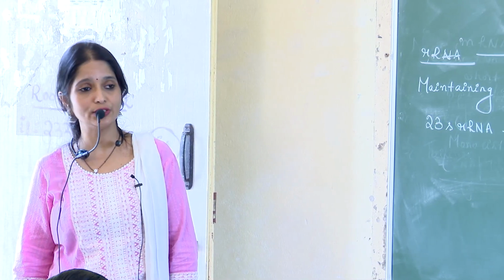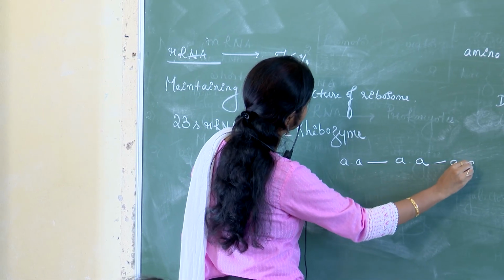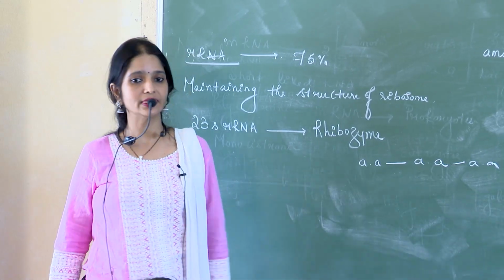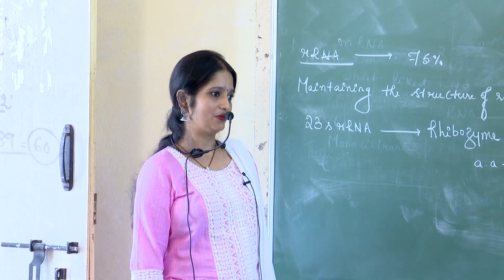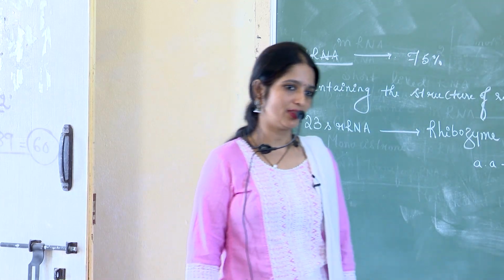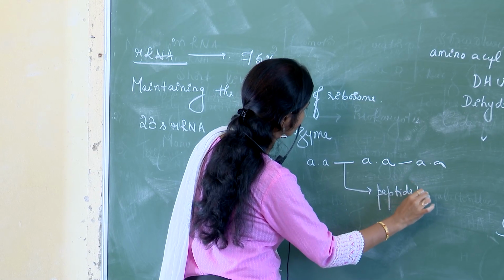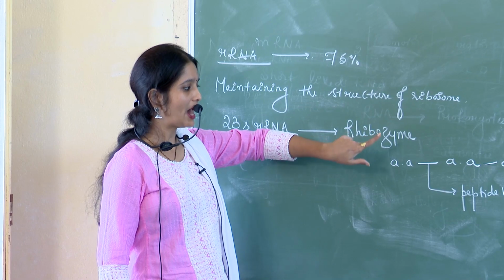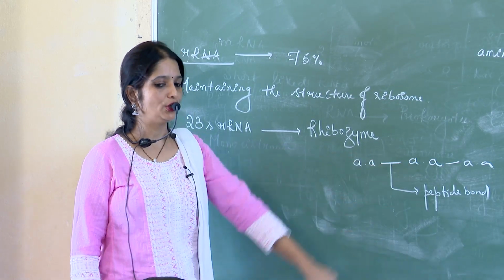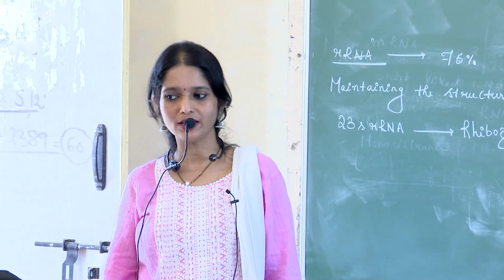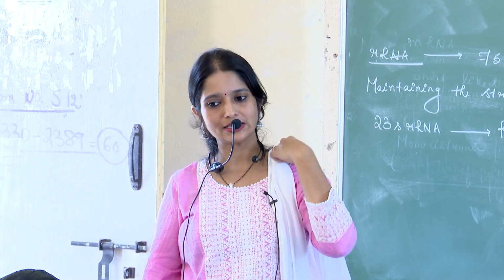Now what is the function of this enzyme? This enzyme helps in the formation of the bond between amino acids. What do we call the bond between two amino acids? Not that one, the bond between sugars is called the glycosidic bond. Peptide bond, right? This is peptide bond. So what's the function of ribozyme? It helps in the formation of peptide bond between amino acids during protein synthesis, right?